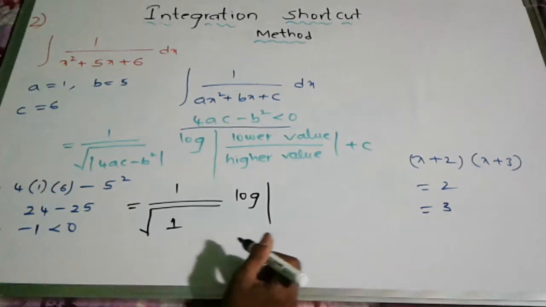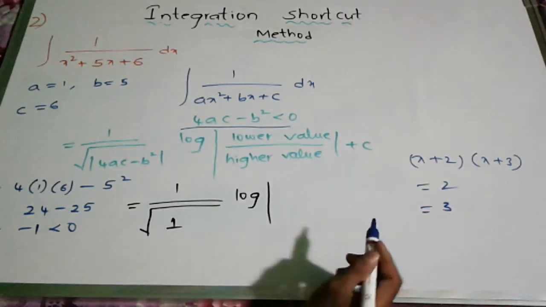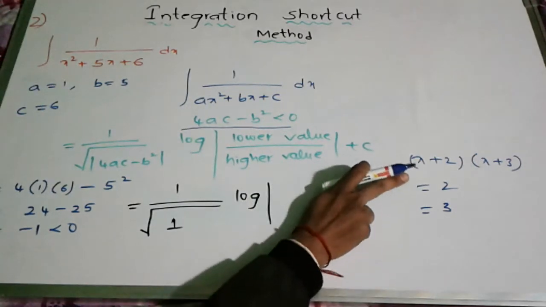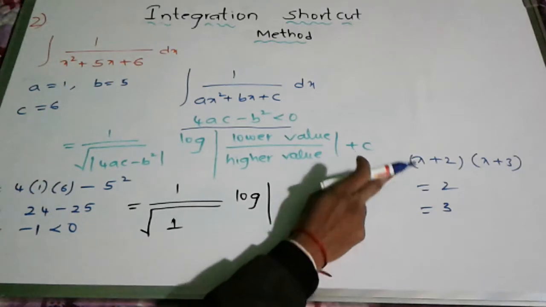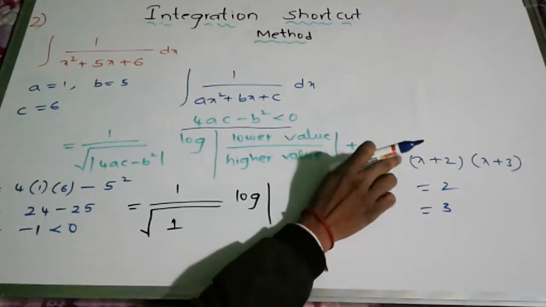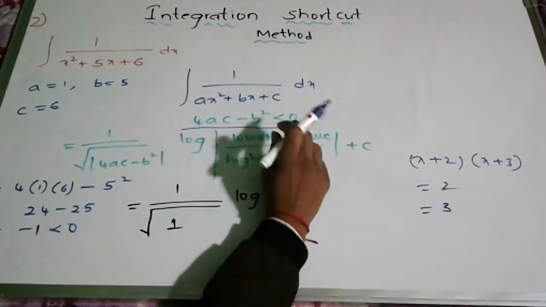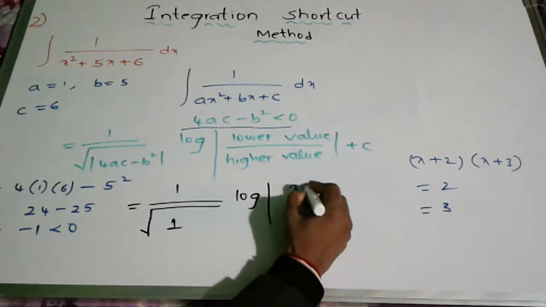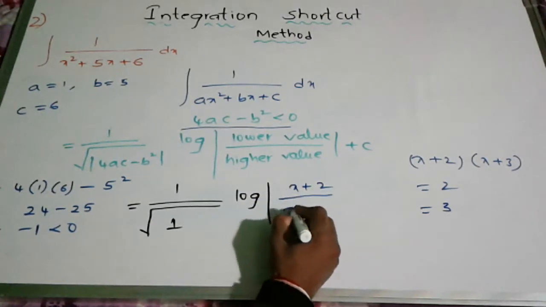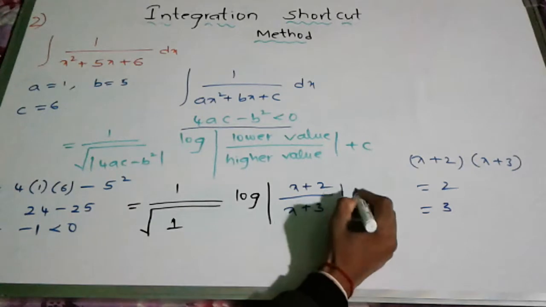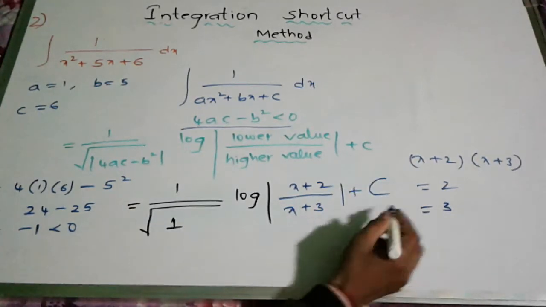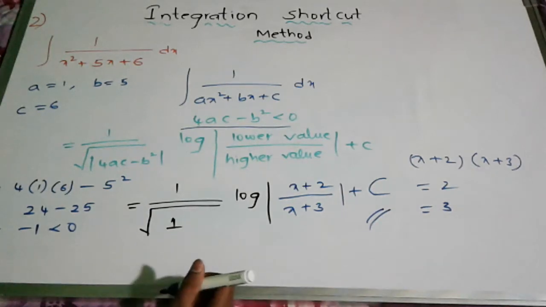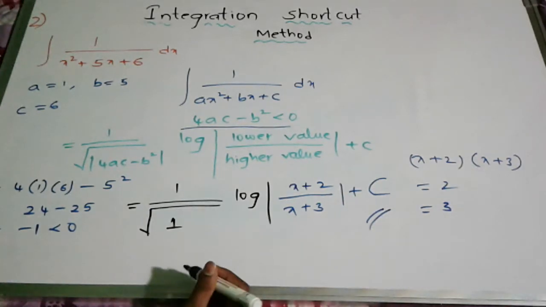So the least value is for x plus 2, so you have to write x plus 2 in the numerator part, that is x plus 2 upon x plus 3 plus this constant c, and this is your final answer, right guys?